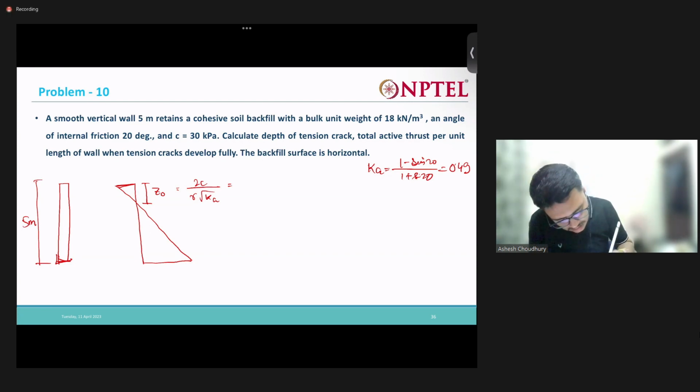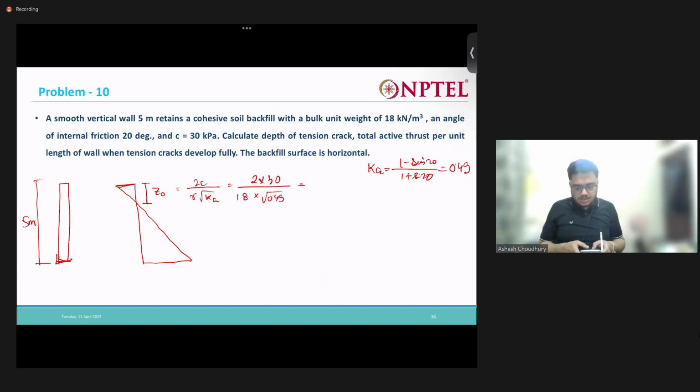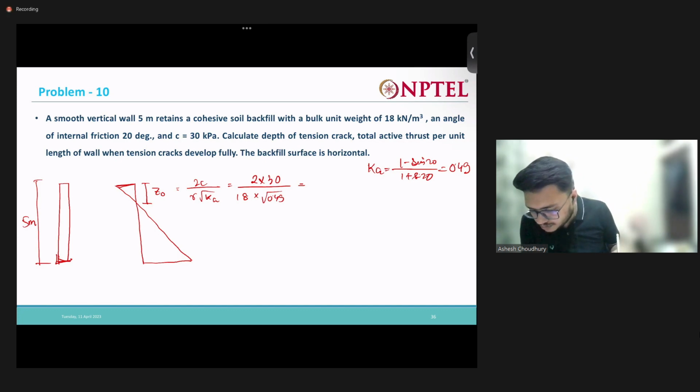So Z naught is how much? 2 into 30 by 18 into root over 0.49, which is 60 divided by 18 into root over 0.49, so 4.76. So this is actually large.